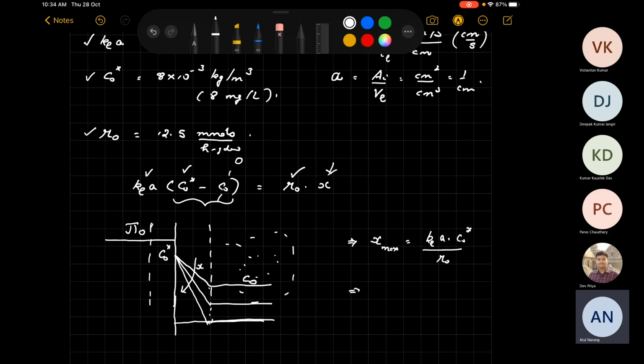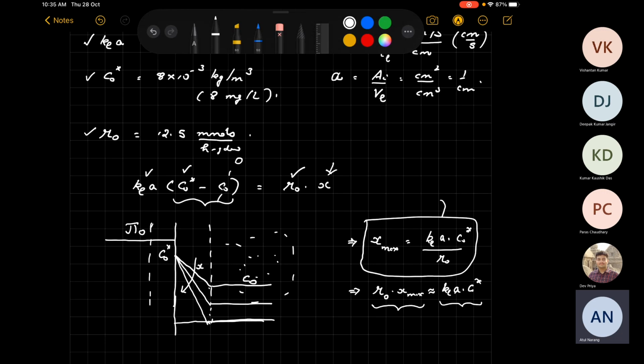And if you have any difficulty understanding it, another way to write this is that under this condition, where X max is maximum, the physical meaning is equally obvious here. On the left hand side, you are saying what is the volumetric rate of consumption. And on the right hand side, you are writing down the maximum volumetric rate of supply. So X max is reached when these two sides are equal. Is that part clear? So essentially, this is the formula.